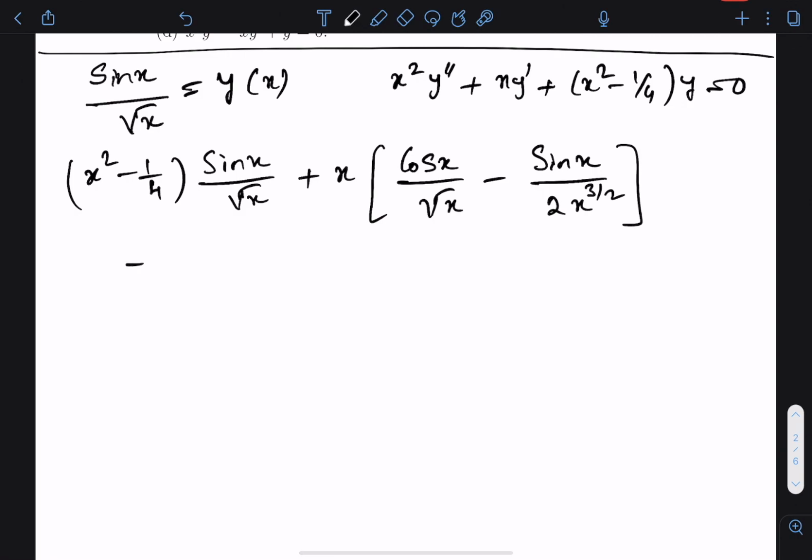And plus x squared times y double prime.